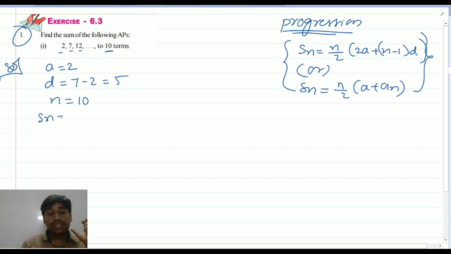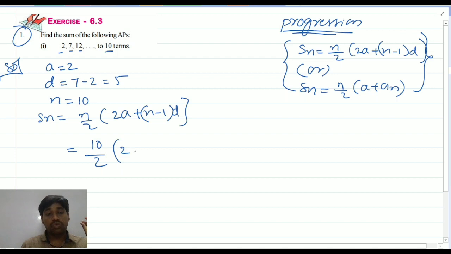So Sn equals n by 2 of 2a plus (n minus 1) into d. So 10 by 2 of 2 into 2 plus (10 minus 1) into d, which is 5.